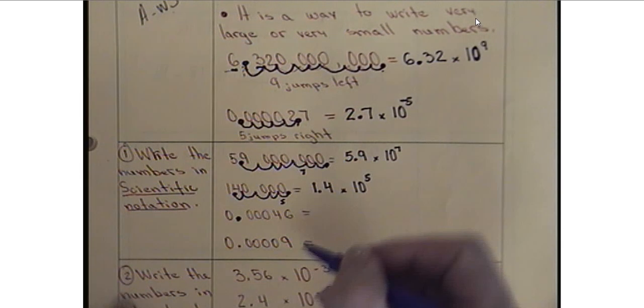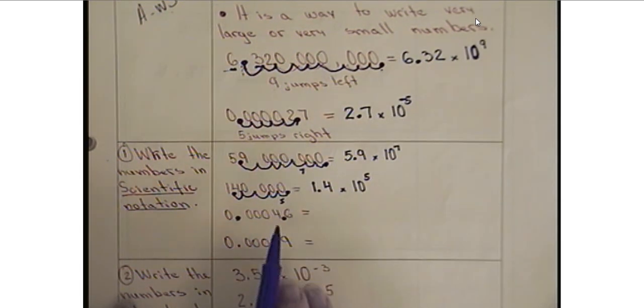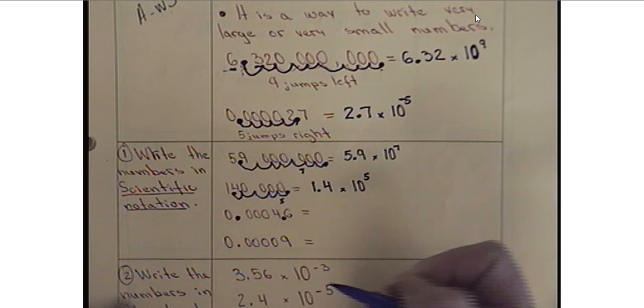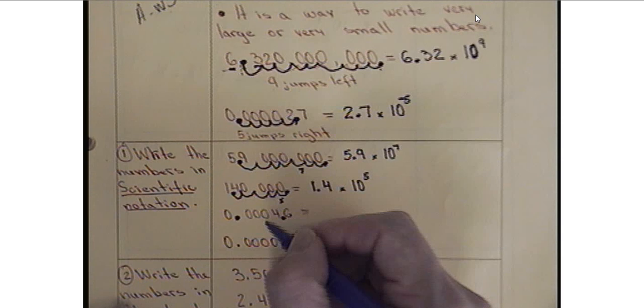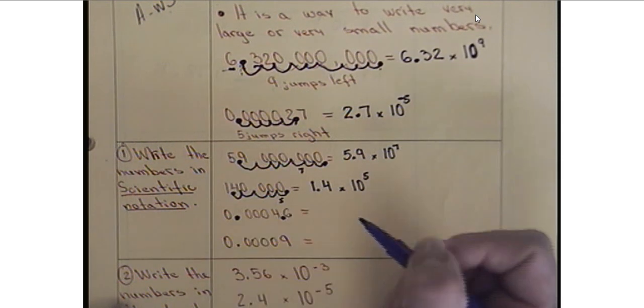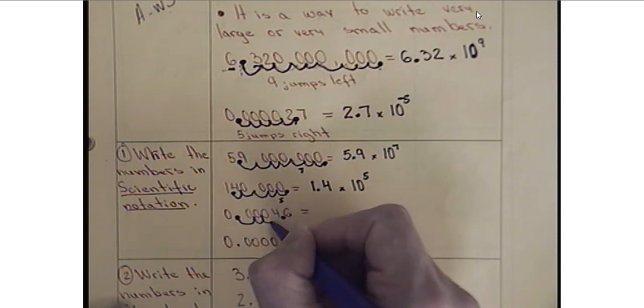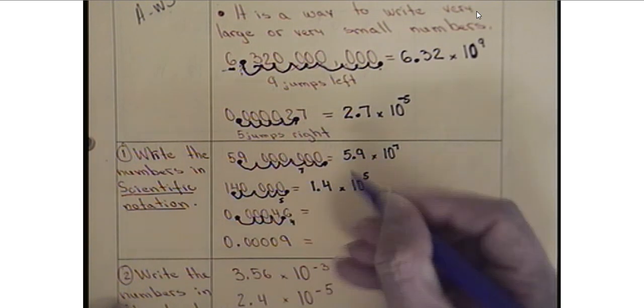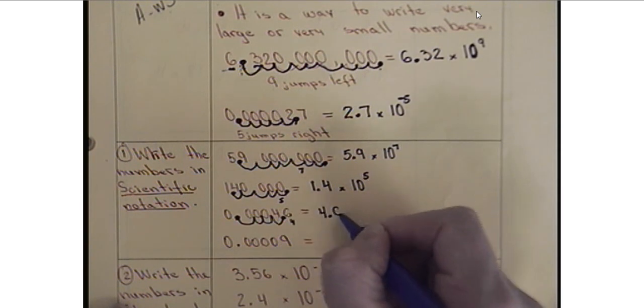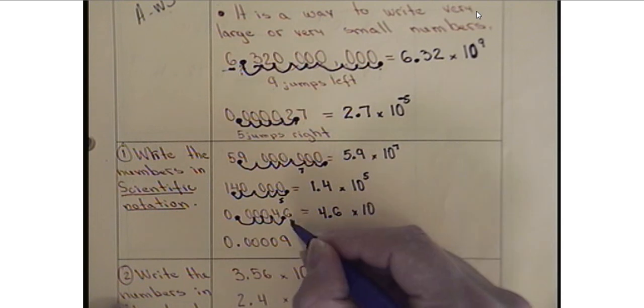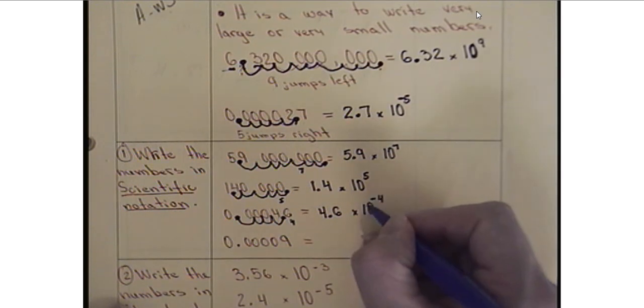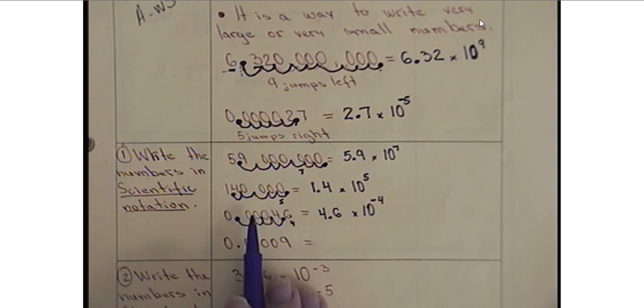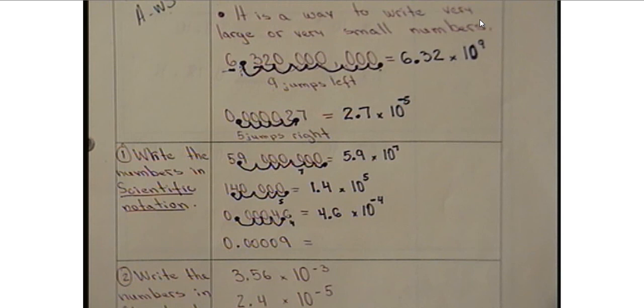We have a decimal point right here, and our goal is to move the decimal point between the first 2 numbers in the row, and those 2 in this case are 4 and 6. Okay, so now we're going to count the jumps. We have 1, 2, 3, 4 jumps here. So my number will be 4.6 times 10 to 4 jumps with negative exponent, because it's a really small number, and when we have those small numbers, we always write negative exponent.